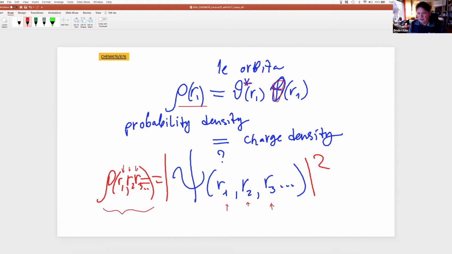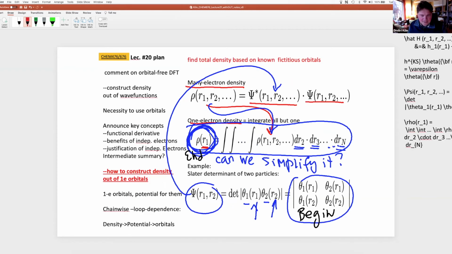It still will be a function of the number of electrons times 3. And then we'll lose all benefits of DFT. But here is a procedure.